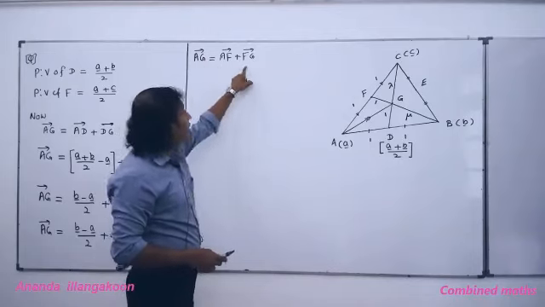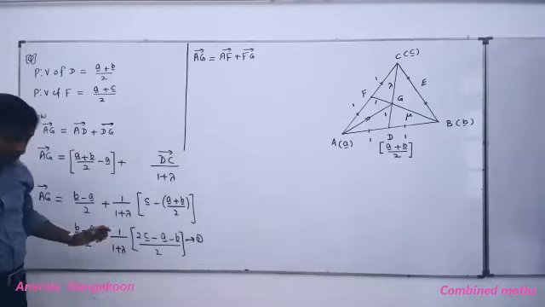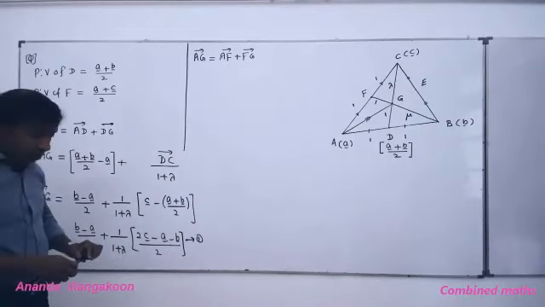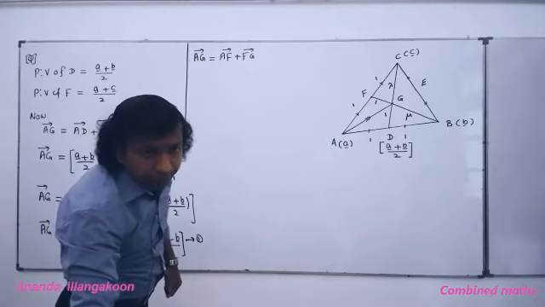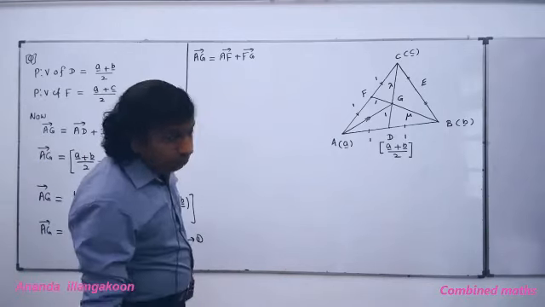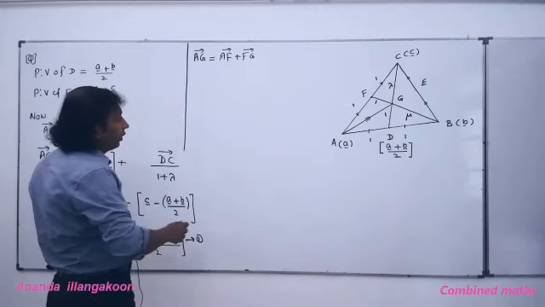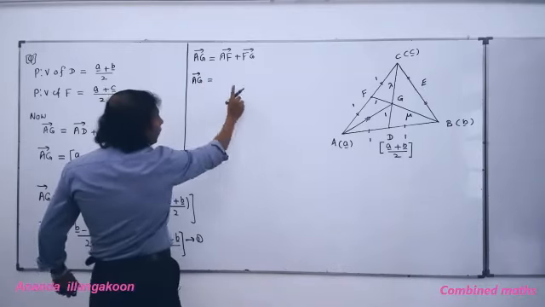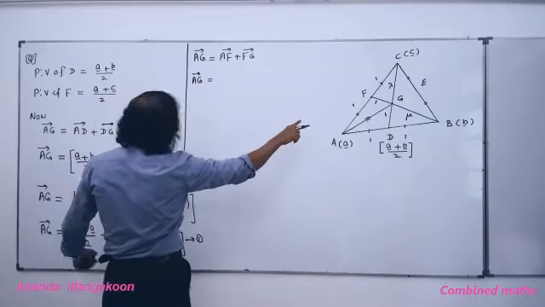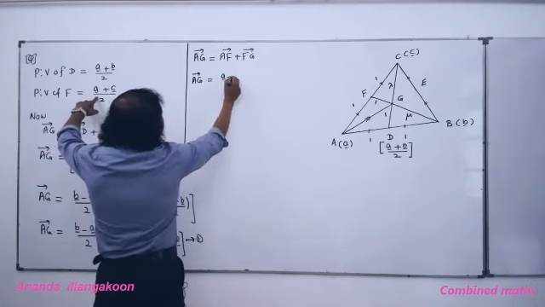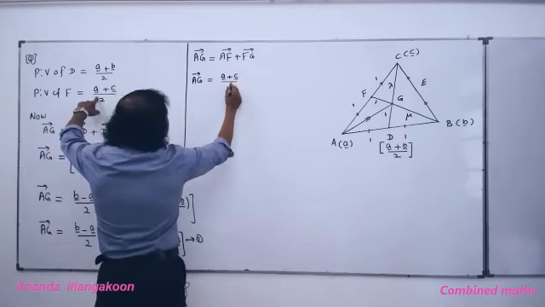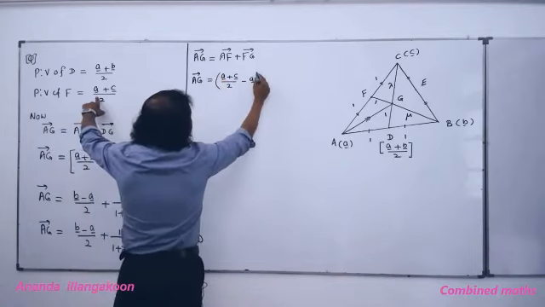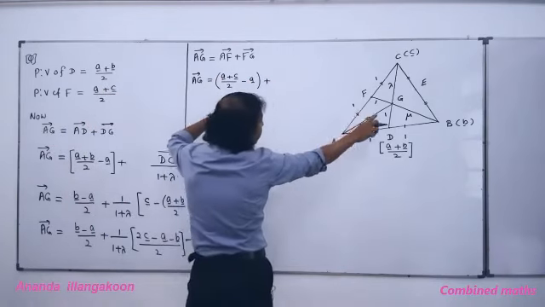Then this right hand side, we are going to equate, people. Right? Take that AG vector. Now when we write the AG vector, AF vector is position vector of F, (A plus C) by 2, minus A. FG vector, how to write, people?